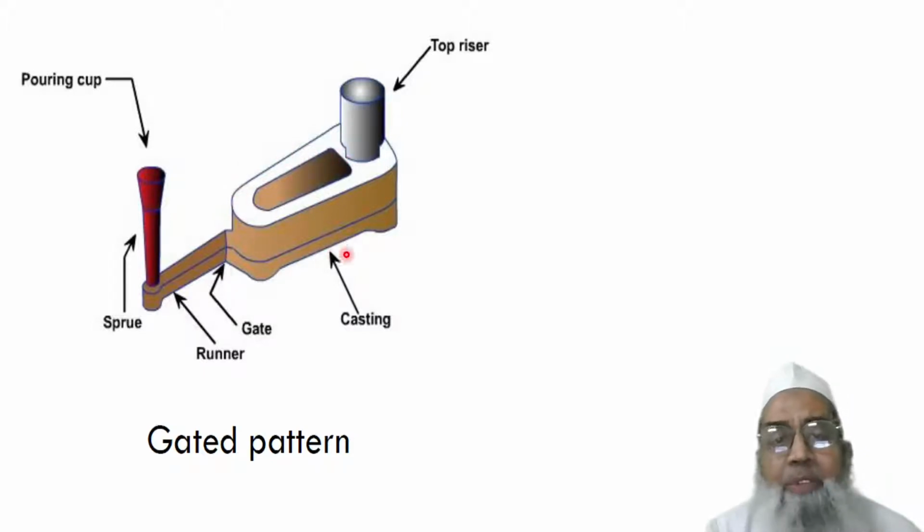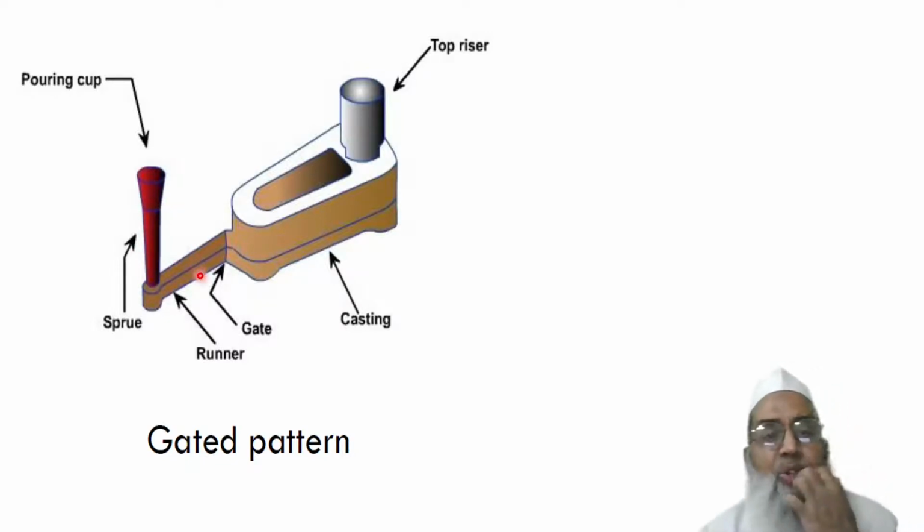Now, to have this product, when we make a mold, we need to provide a passage from the top of the mold to the cavity, and therefore we need many accessories: pouring basin, sprue, runner, gate, and all that. Instead of providing this passage separately, we make a pattern which has all these accessories, so that we need not make these passages while molding.